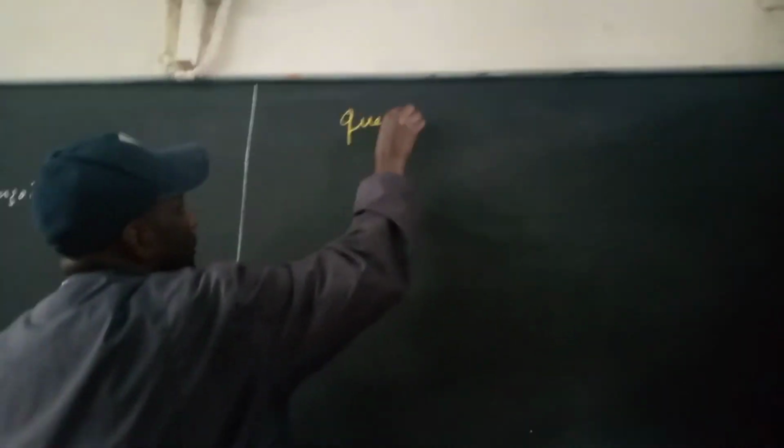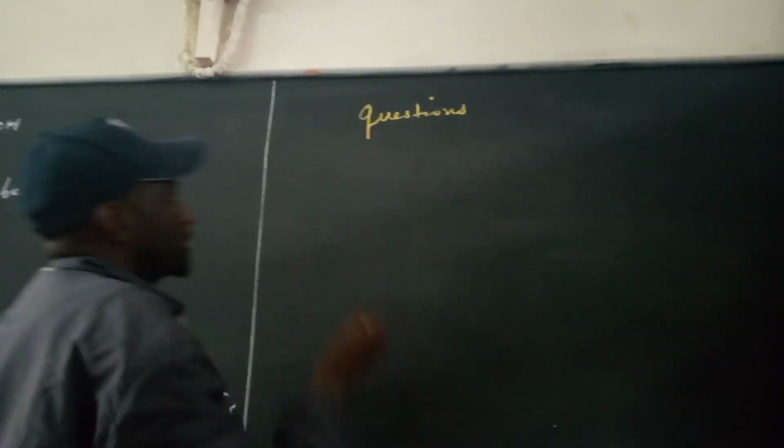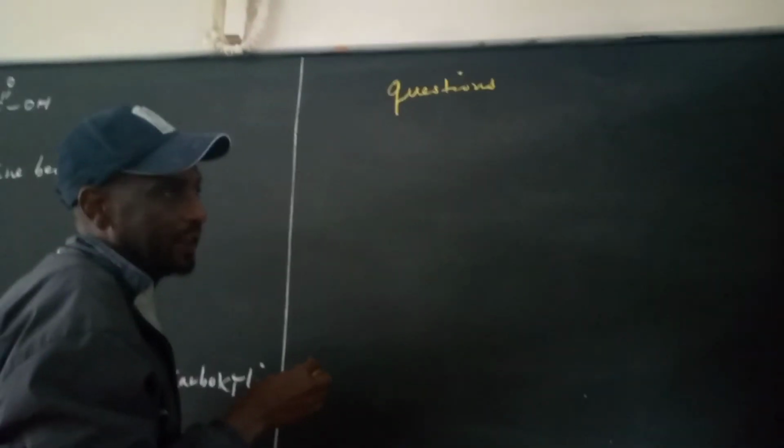Students, now let me give you 2 questions to practice how to give the IUPAC name and the common name for benzoic acid. The questions are homework; I will give you the answers next time.